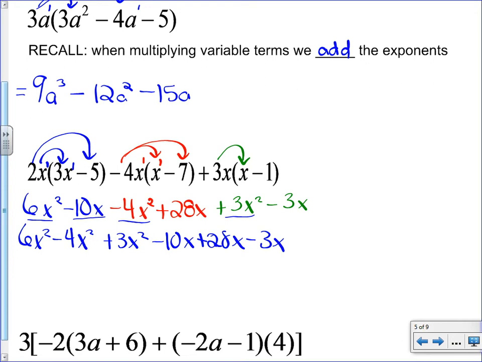And Austin, what do I get for a final answer here? No, it's not 2x squared. 6 minus 4 plus 3.